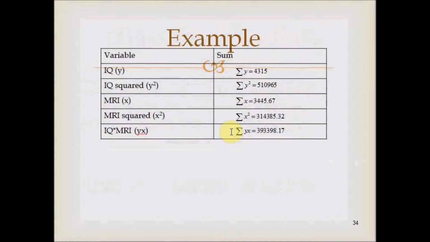And that formula, it's on a previous slide, is your sum of your x and y product, which is right here on the bottom, minus the sum of x times the sum of y divided by 38. Okay, so you don't square either of those terms. It's your sum of xy minus your sum of x times your sum of y divided by 38.